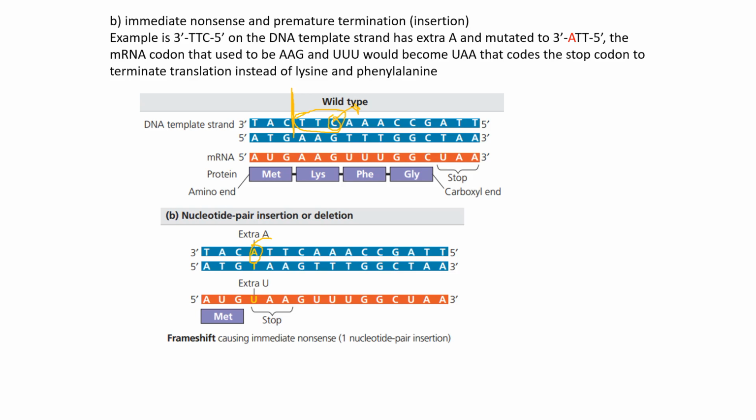So the mRNA codons that used to be AAG and UUU would become UAA, which codes the stop codon to terminate the translation instead of coding lysine and phenylalanine. So what happened to the polypeptide? It is shorter, and a short polypeptide will lead to non-functional protein.